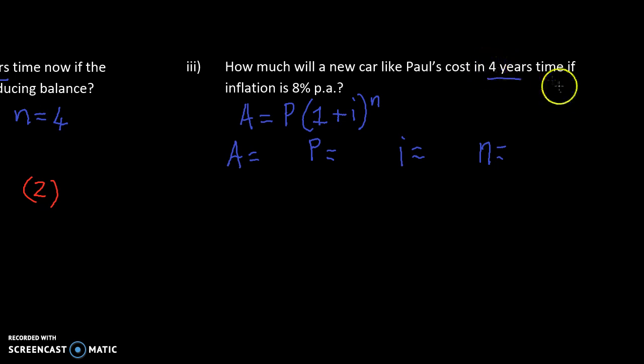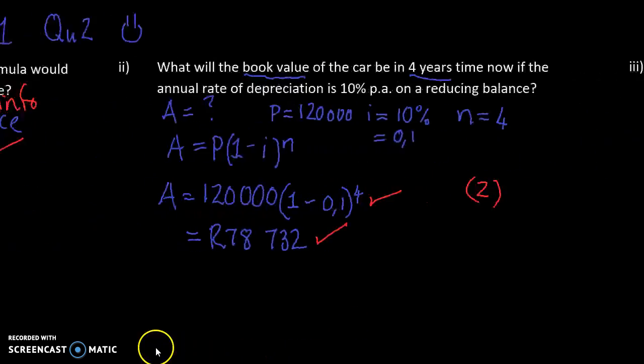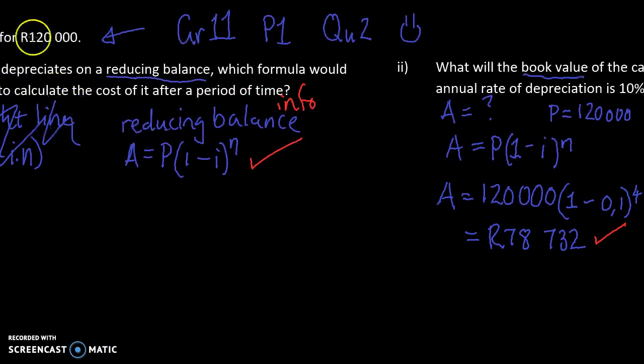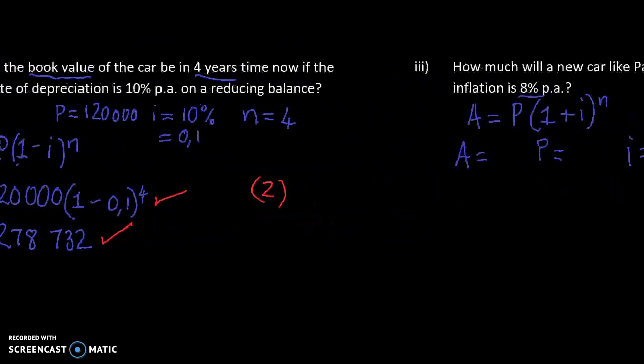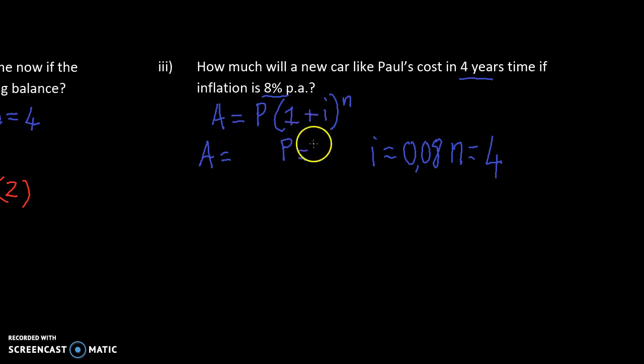We're told 4 years. We're told the inflation rate is 0.08 or 8%. The principal amount, now once again that's going to be the starting amount of the car, which was 120,000 Rand, which means we are once again looking for the accumulated amount.